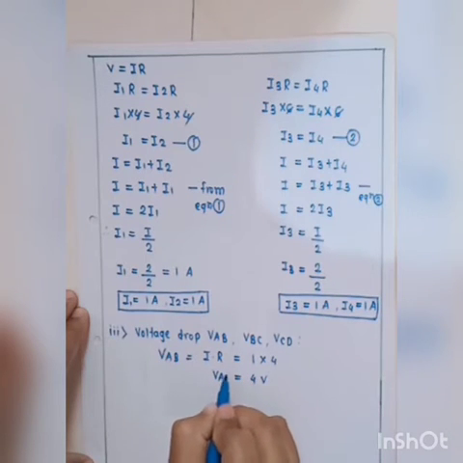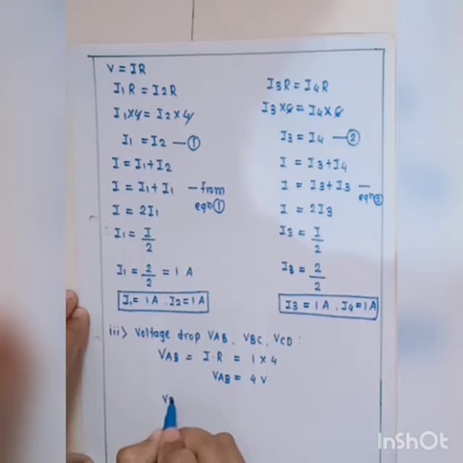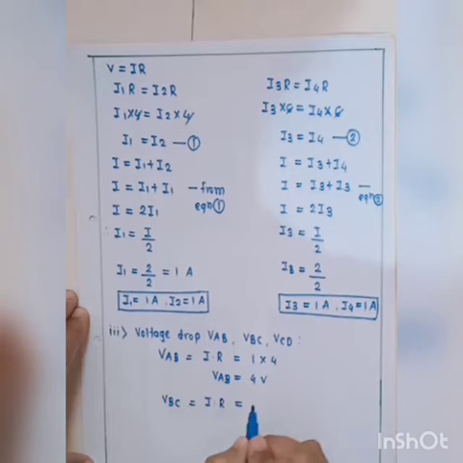Then VBC, I into R, current flowing through BC is 2 ampere into resistance 1 ohm, so we get 2 volt. Now the voltage across CD is the current flowing through these two terminals, 1 ampere into resistance 6 ohm, so we get 6 volt. So voltage across CD is 6 volt.